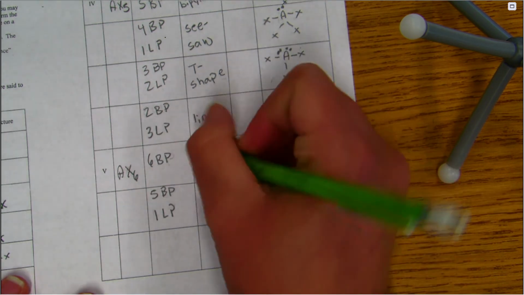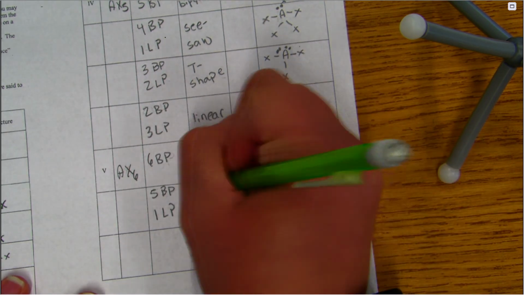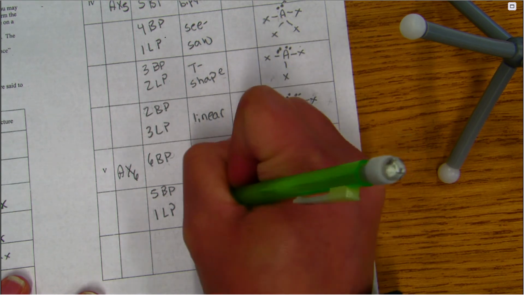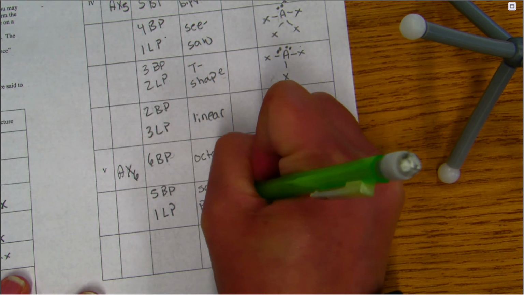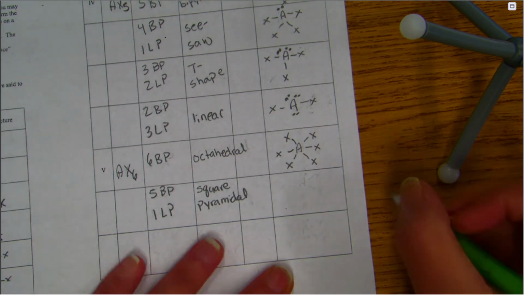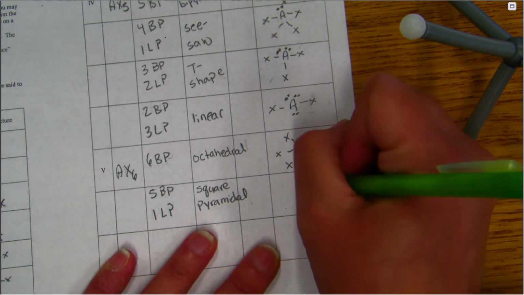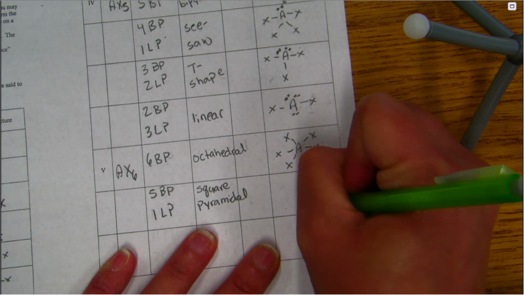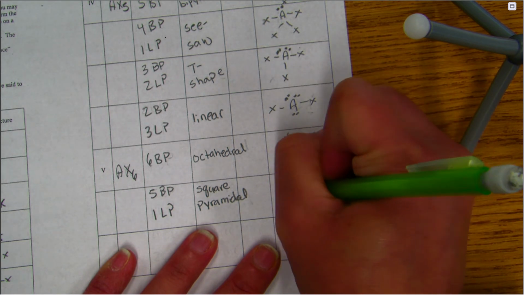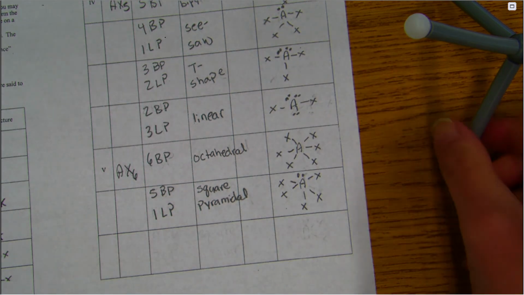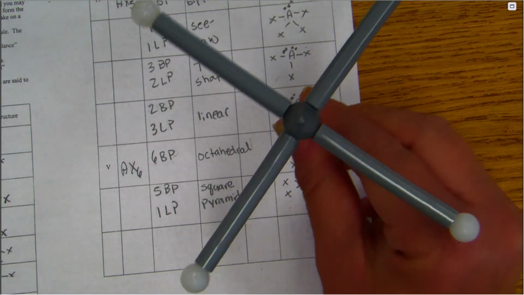And we say that this is square pyramidal. It's going to look something like this. I have a square shape.